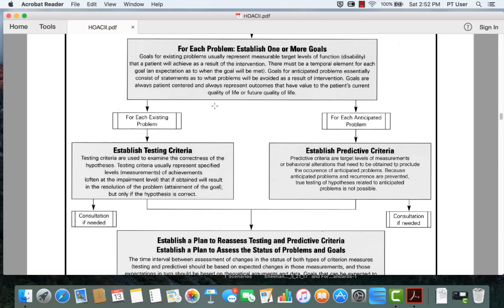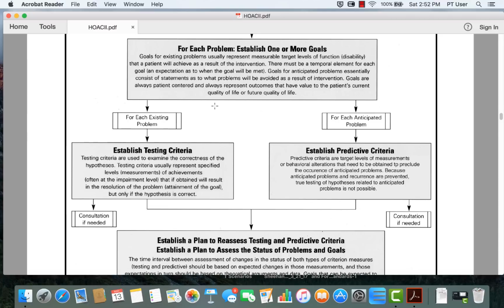Once we've established goals, we need to establish what you see here as testing and predictive criteria. We have testing criteria, which is related to our existing problem, and predictive criteria, which is related to our anticipated problem. Now, all you need to understand right now, and I'll direct you to the reading, is that testing criteria are used for us to test our hypothesis.